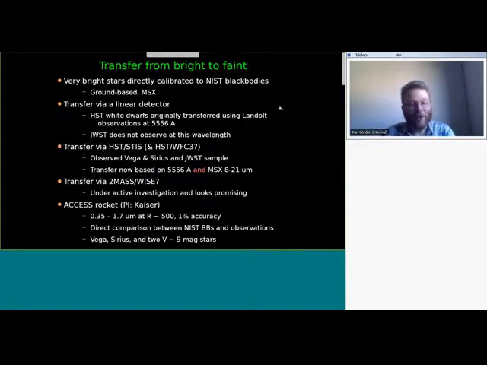Some of our people on the working group are collaborators or co-Is on that team. And then this rocket is going to be a direct comparison between NIST black bodies and observations. The rocket starts on the ground, they can make the measurements, and they can do it again on the ground, and they're going to use a detector that's well calibrated.